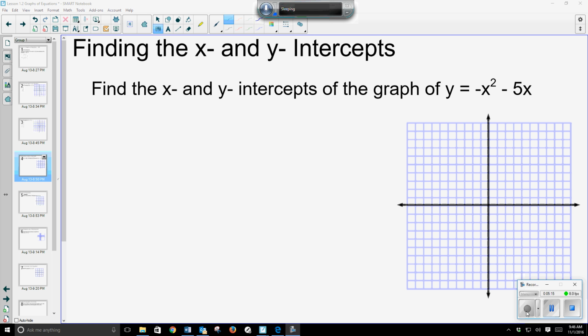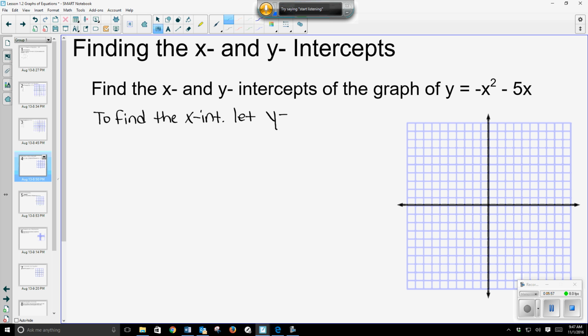Okay, we need to find the x and y intercepts. How do we find the x-intercept? What is the y value when you cross the x-axis? 0.